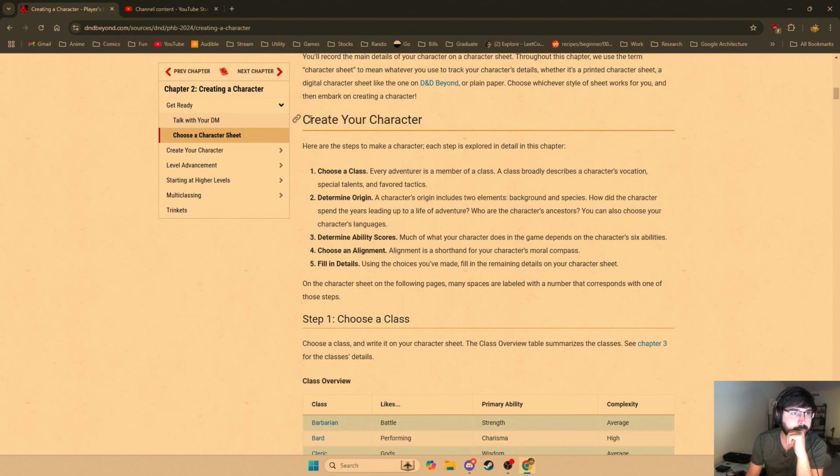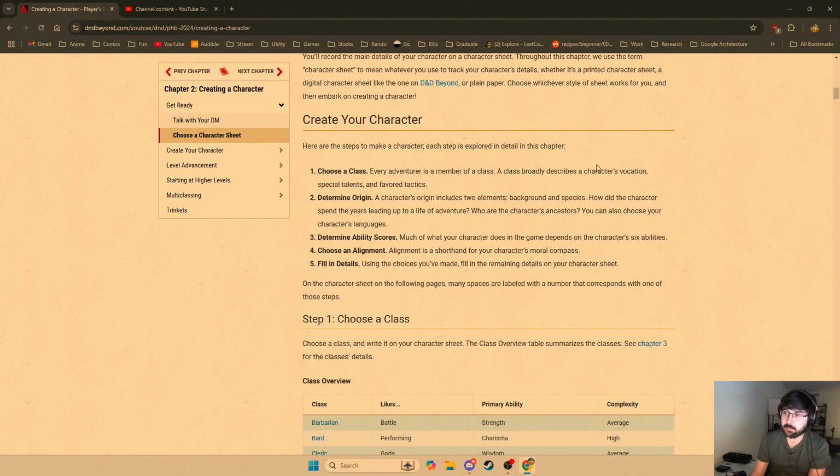Okay, so high level, creating your character. The first thing you do is you choose a class. Now, I sometimes disagree with this. Sometimes it starts off with choosing a race. And the reason for this, let's start with this, is if you go with a race, you have more of a thematic idea of where you fit in with the world.